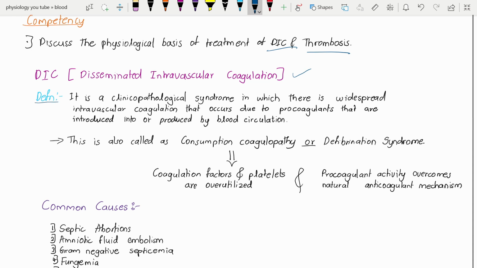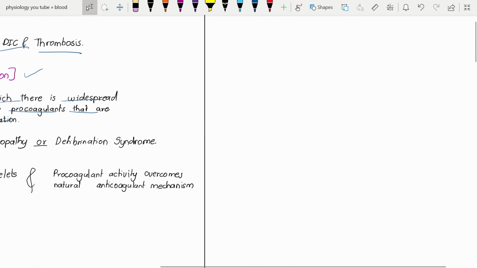We look at the definition. It is a clinico-pathological syndrome in which there is widespread intravascular coagulation that occurs due to procoagulants that are introduced into or produced by blood circulation. The definition seems confusing, but I will make it very simple.